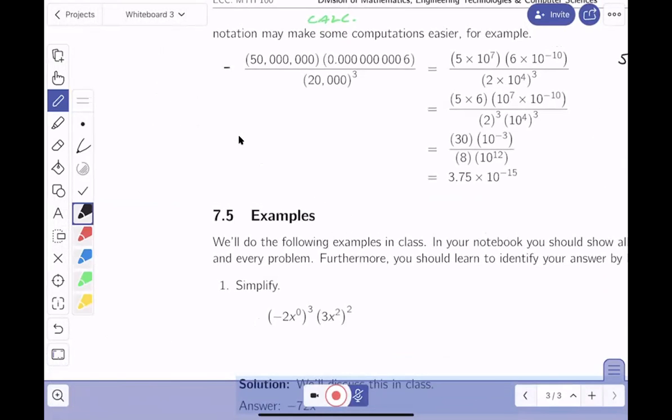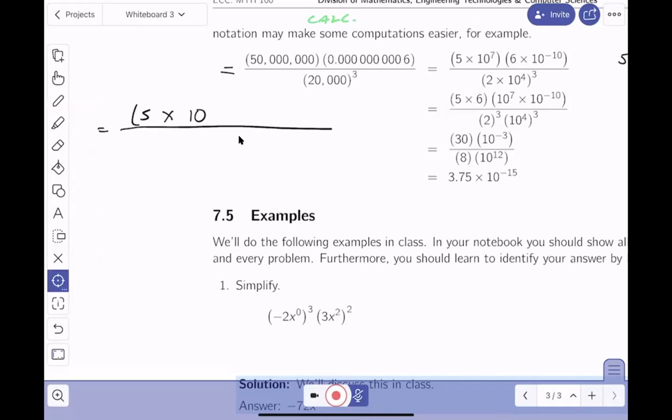I'll write this over here. I'll go one step at a time. So I'm taking that first thing over here, the 50, right? So I'm going to say 5 times 10. I'm going to start counting for you. 3, 6, 7. Now let's do the other one.